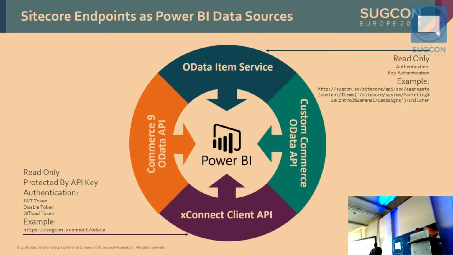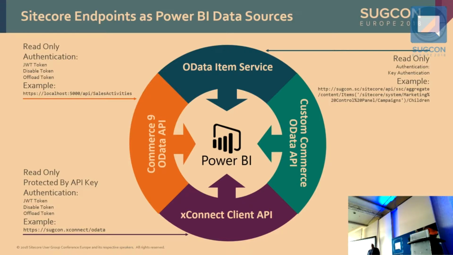This is actually a new endpoint provided by Sitecore. It is an OData endpoint, and it gives us read access to essentially all content of Sitecore. So that's a very useful endpoint when you deal with campaigns or goals or anything like that. The other endpoint is not necessarily Sitecore Experience, but Experience Commerce.